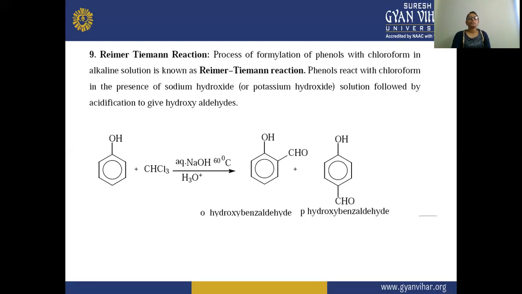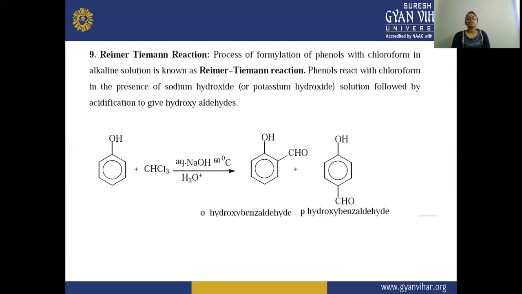So in this, the phenol reacts with chloroform in the presence of aqueous NaOH at 60 degrees centigrade, and there is a formation of a mixture of products, the ortho and para aldehydes.